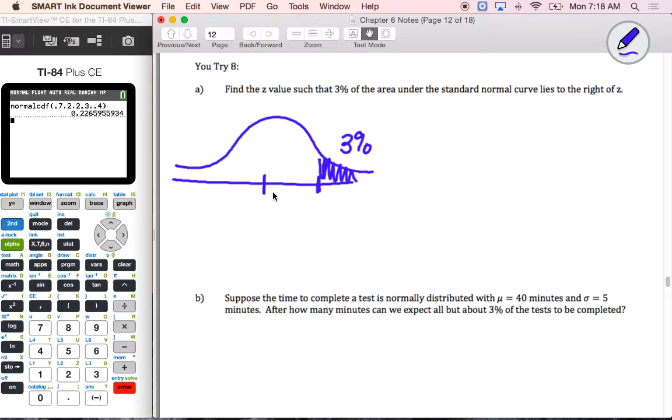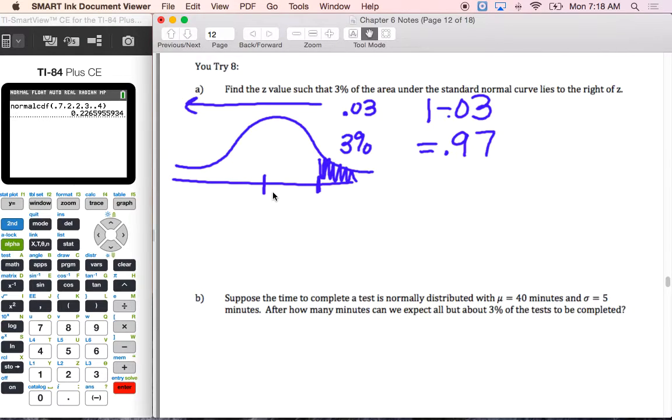But remember, if we're in our table, we need everything left of it. So I don't want 3%. I've turned it into a decimal first. So that would be a 0.03. If I want left of that, we have to take 1 minus 0.03. So that means then we would be looking for 0.97 inside of our table.